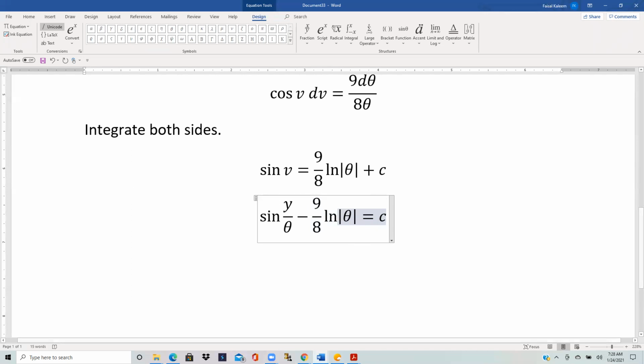Okay. So sine y over theta minus 9 over 8 ln theta.